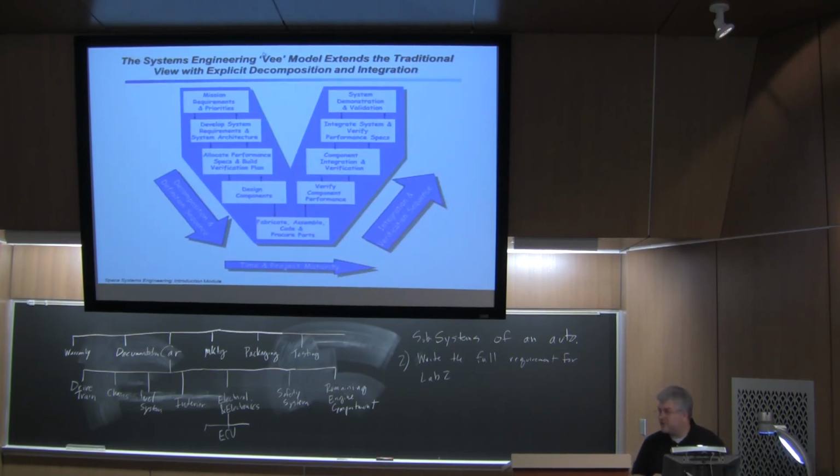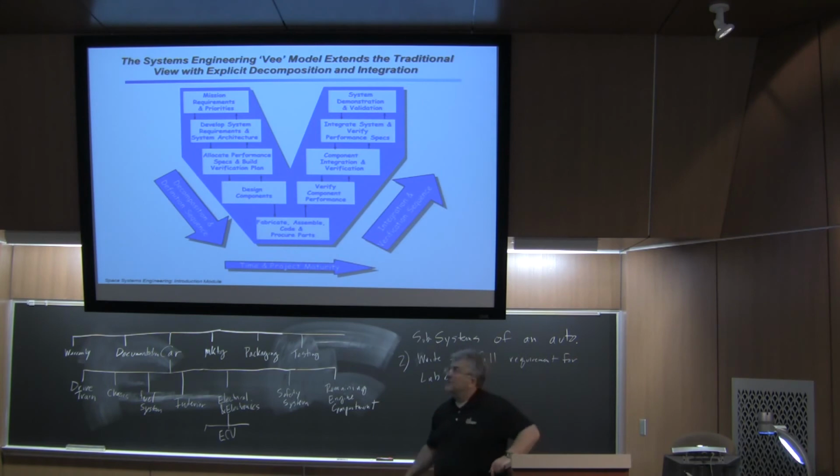This is pretty typical of the US government requirements now for design. And this is an example of the V model of decomposition and integration. You start at the top. You get the requirements and the priorities for all of those requirements. Requirements we already saw for that little robotic vehicle.